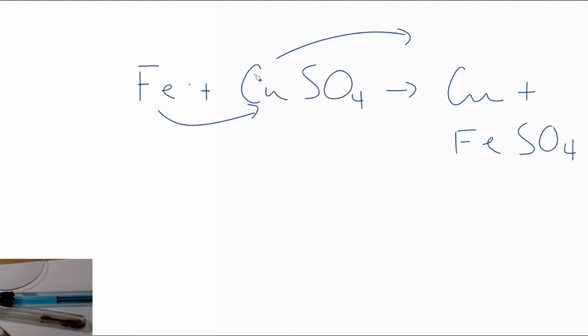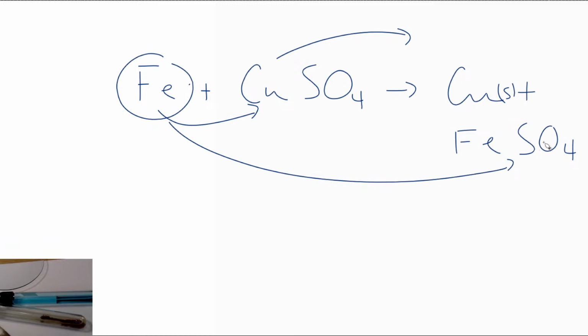So this is your single replacement. We didn't have any solid copper starting out, but when we were done, we had that all there at the bottom. Eventually, basically what happens, Cloudy, is that once that blue is gone, the reaction stops. There's just no more reaction. Once all the copper sulfate goes to solid copper, the reaction just stops.